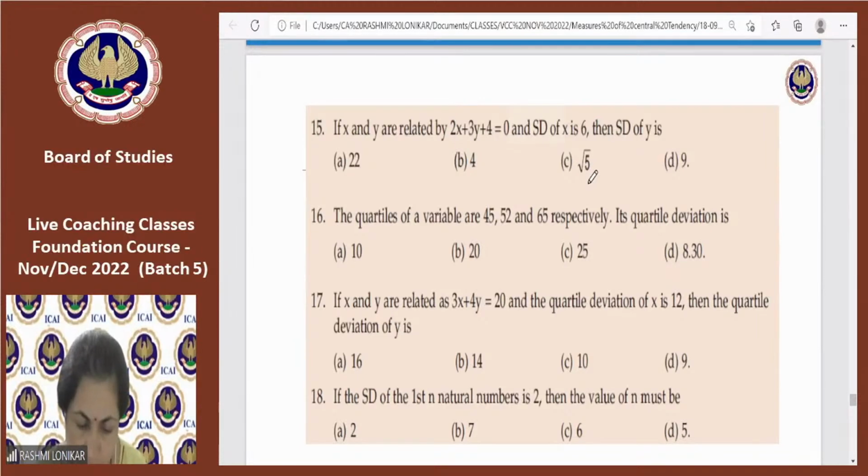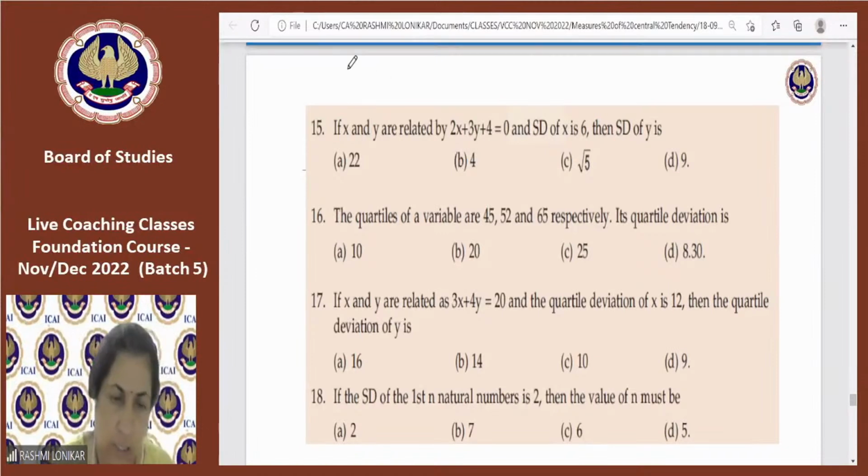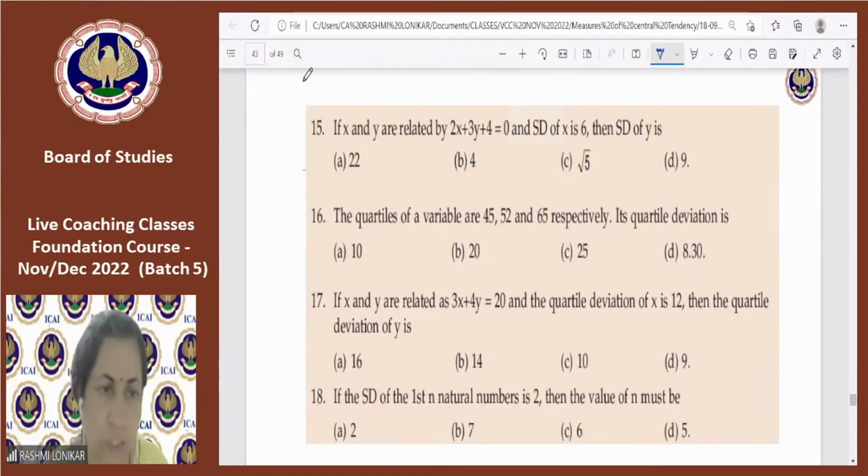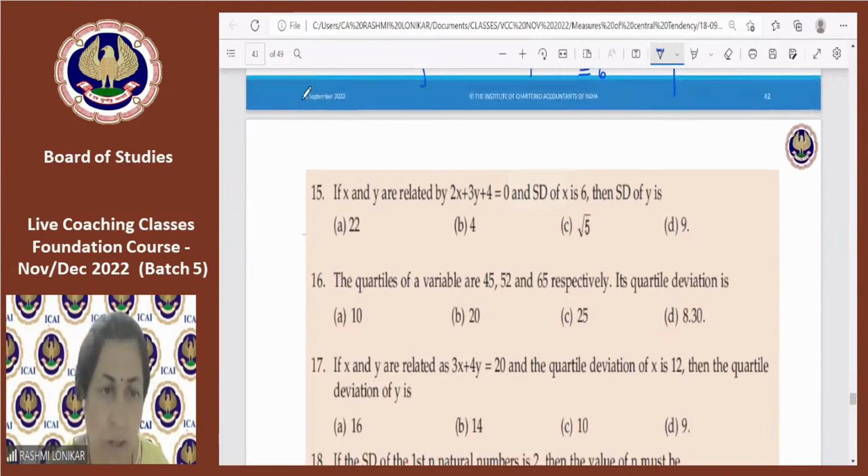Kanaya, modulus means the absolute value, which means we are taking only the positive values. This is the type of question you will easily get in the exams because they are trying to know whether you understand the properties.